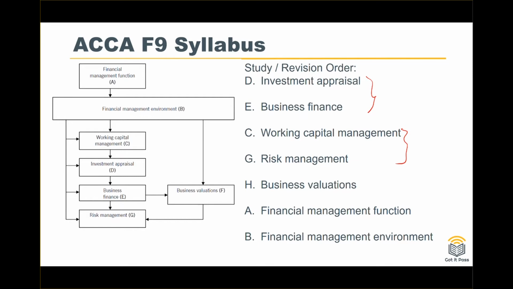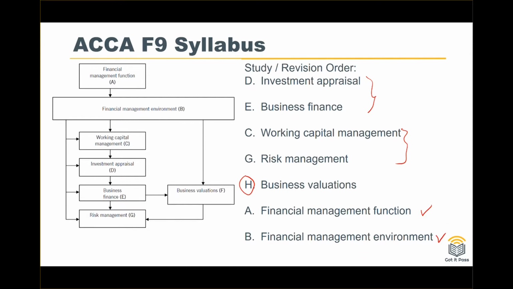And the last part is about business valuation, section H here. Section H, business valuations, means the candidates are required to answer questions by valuing the company in terms of equity, in terms of cost of debt, in terms of debt valuation, and also some other financial instruments. On this part, I would say it is a better solution to study it together with section A and section B. Why?